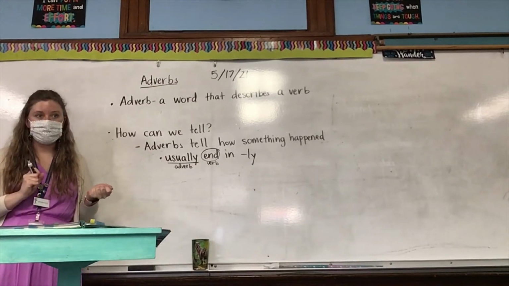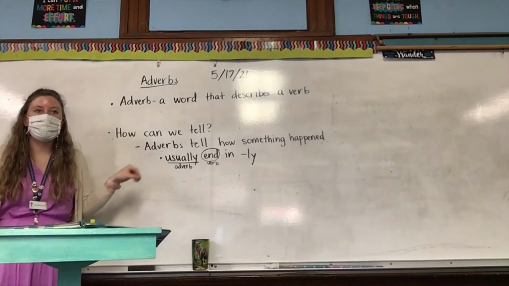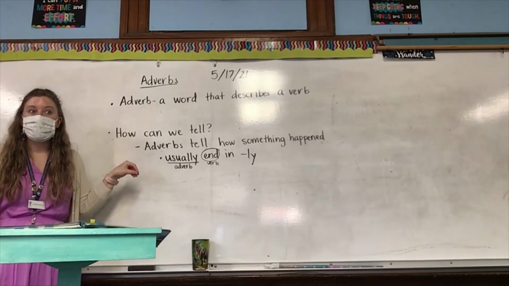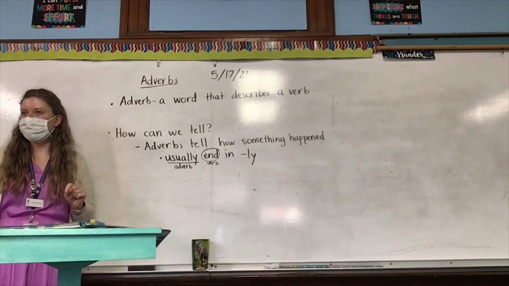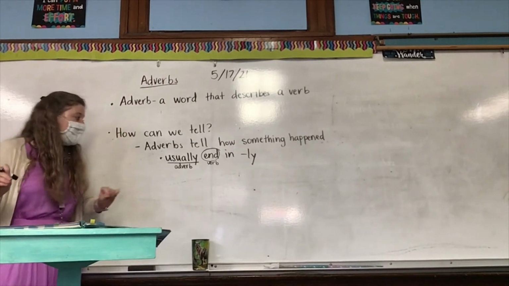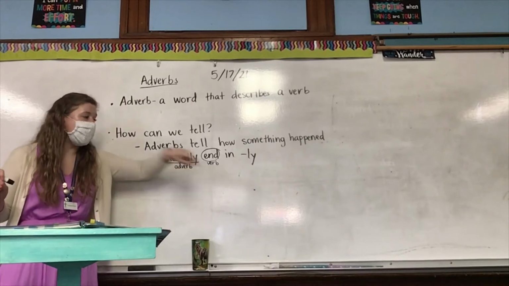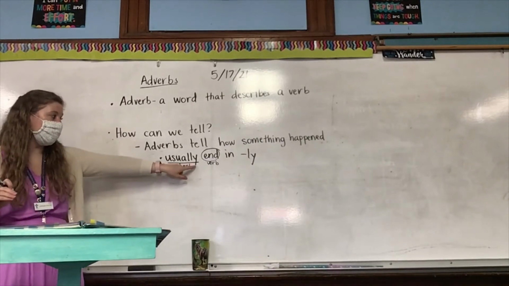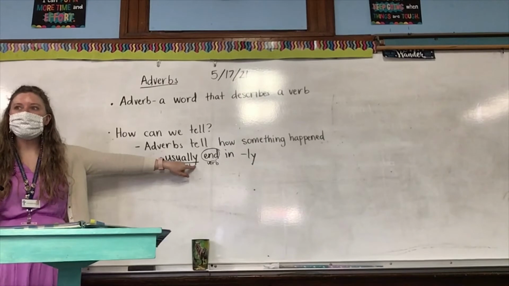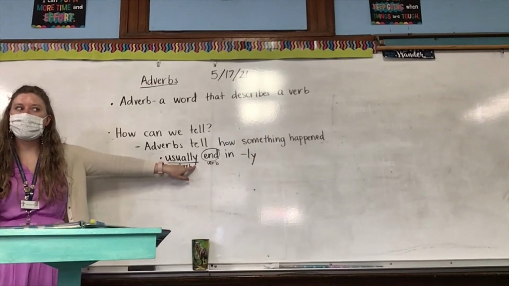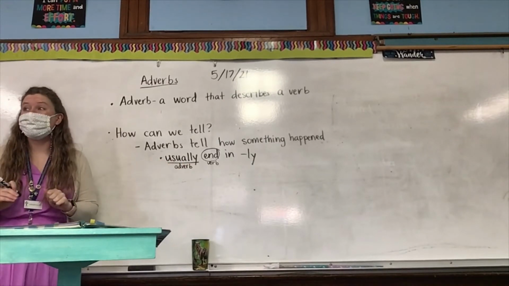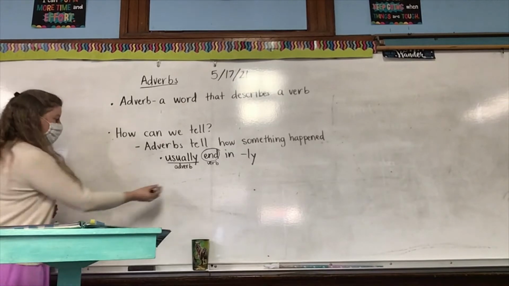Does that mean rarely, like barely any of the times? It means most of the time. So usually is an adverb that tells how something ended. We can see a hint that it's probably going to be an adverb that tells how because it has ly at the end.